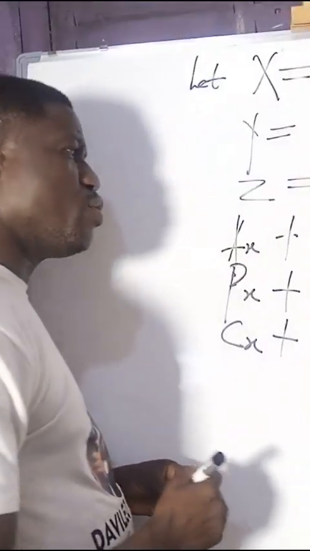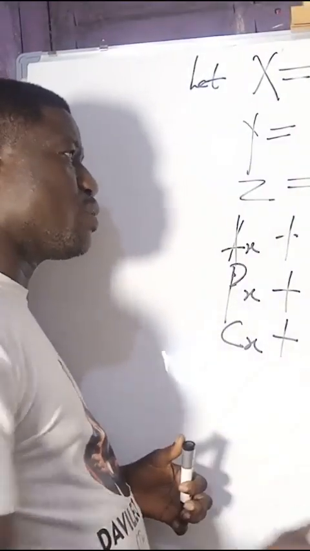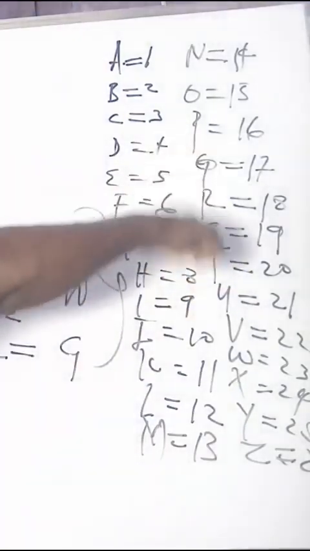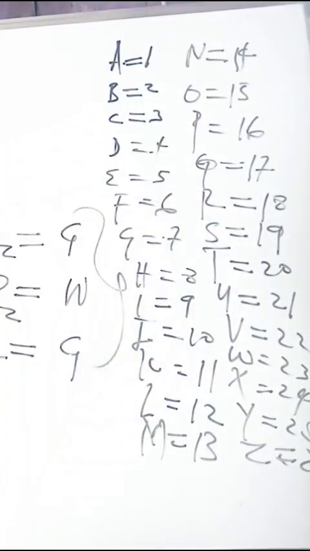These are the alphanumeric relationships that exist between alphabets and numbers, otherwise called numerals.